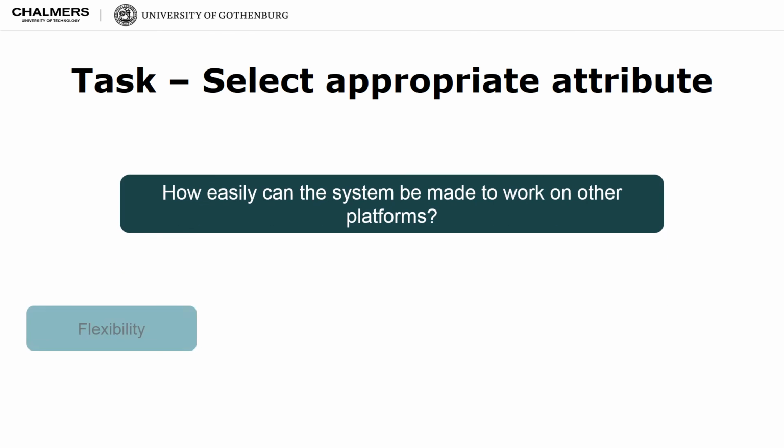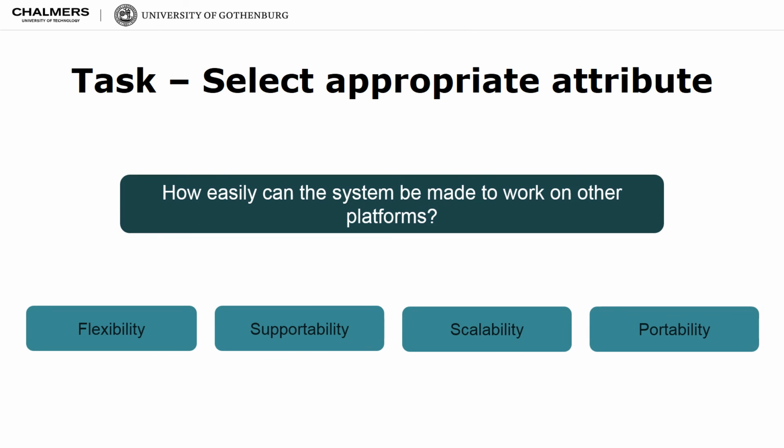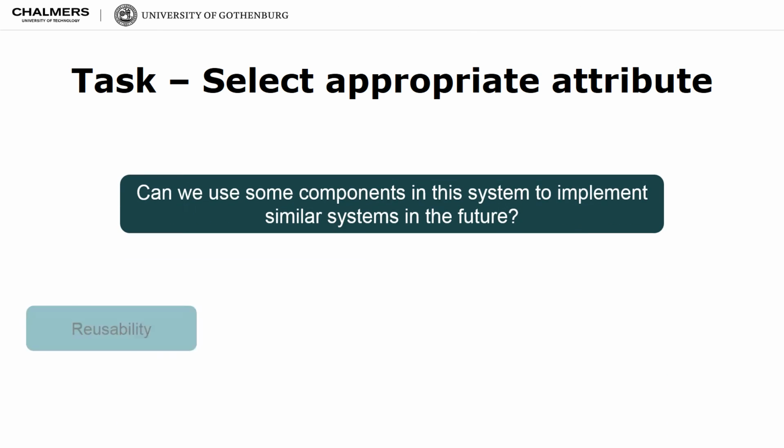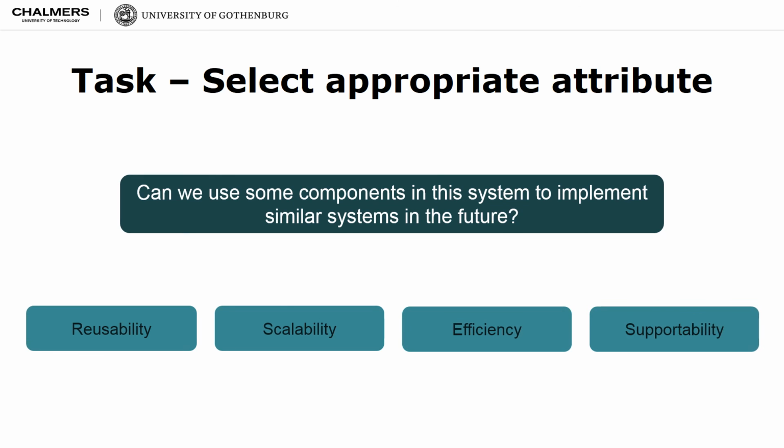If an architect is dealing with a problem of making the system working on different platforms, which concern is the architect dealing with? Can we use some components in this system to implement similar systems in the future? What type of concern is that?